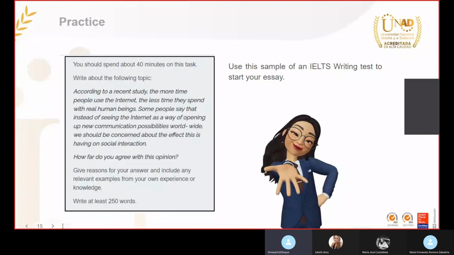For example, a good idea for the topic is the transformation of education through technology. They use the internet because it is a right, for every person in the world, and it's possible.